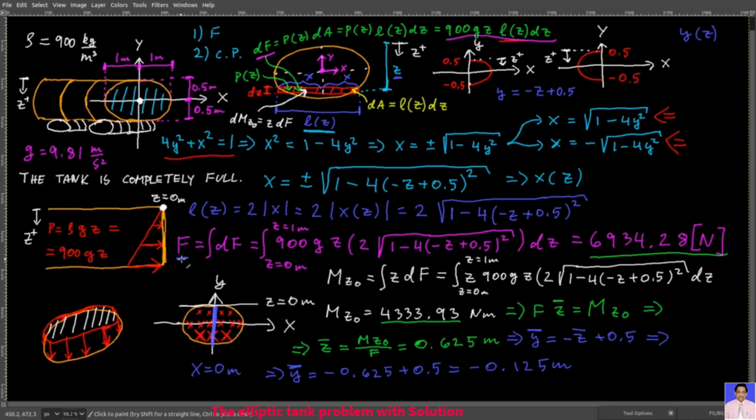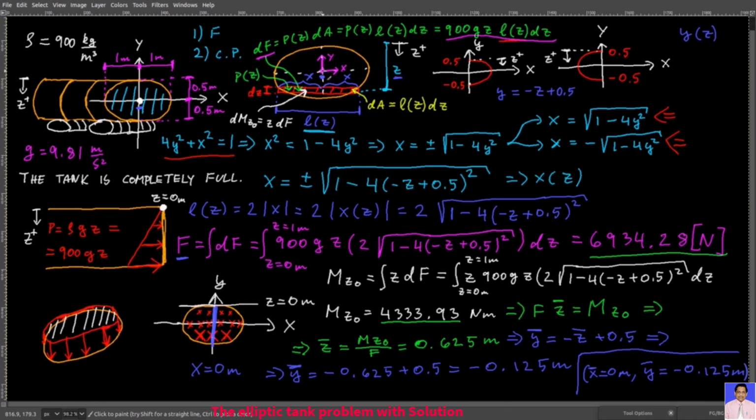Your force goes through the center of pressure of x equals 0 meters. In fact, it's x bar equals 0 meters, and y bar equals minus 0.125 meters. So it's somewhere here. And in this image, it's somewhere here.